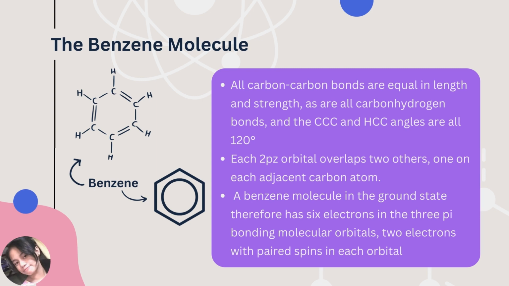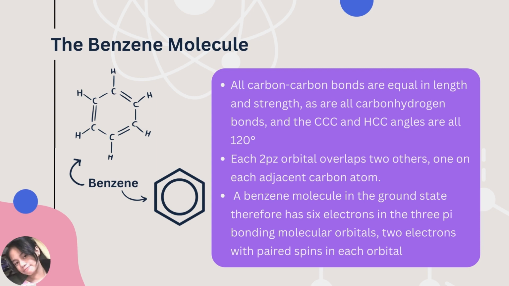Unlike the pi bonding molecular orbitals in ethylene, those in benzene form a delocalized molecular orbital, in which, as stated earlier, the electrons are not confined between two adjacent bonding atoms, but actually extend over three or more atoms. Therefore, electrons residing in any of these freely move around the ring.